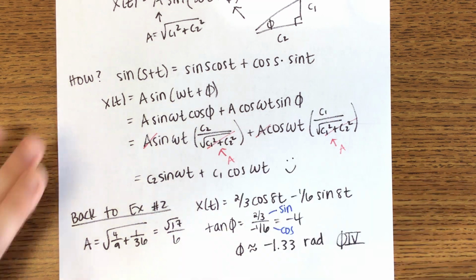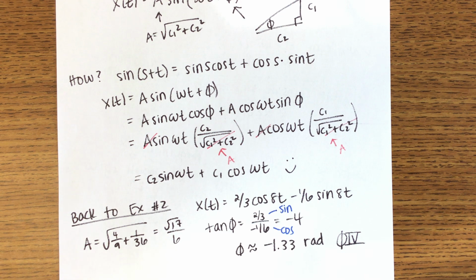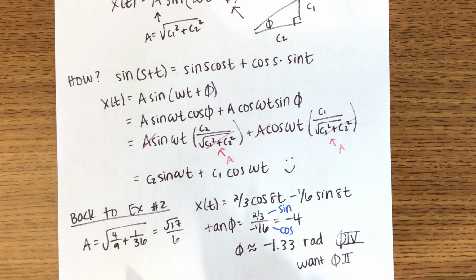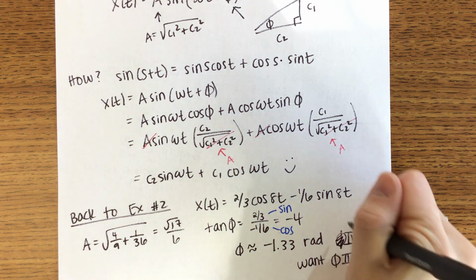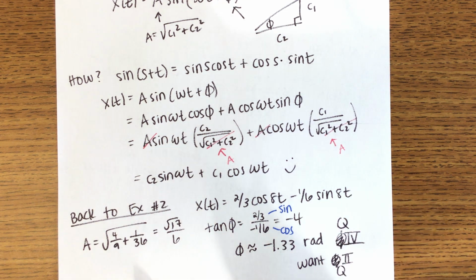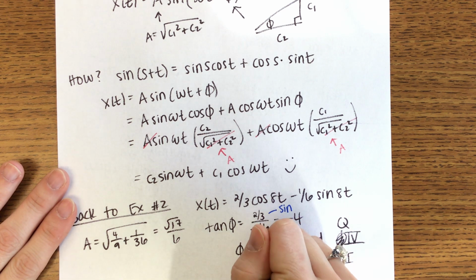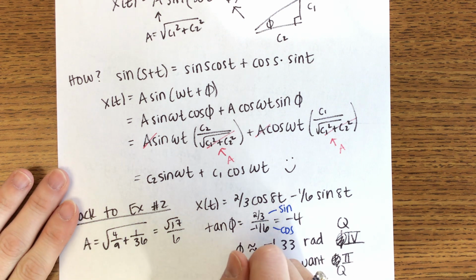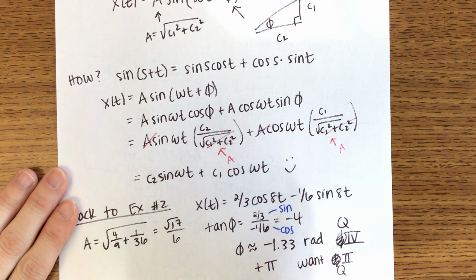In which quadrant is sine positive and cosine negative? Second. So we want an angle that's in the second quadrant. We have something that's in the fourth quadrant, we want it in the second quadrant. So what do we do? Add pi to it. If we add 2 pi, we'll be back to the fourth quadrant. So then we get our phi to be about 1.81.